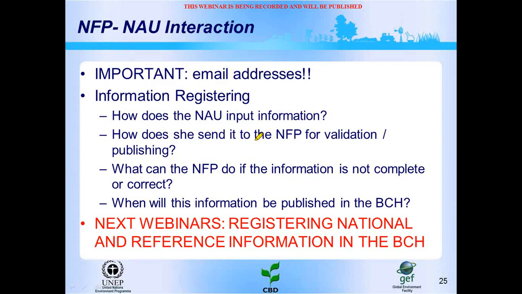So we will quickly see how to register information as a national authorized user and how the user sends it to the focal point for validation. Also, we have some questions: what can the focal point do if the information is not complete or correct? And when will this information be published in the BCH?